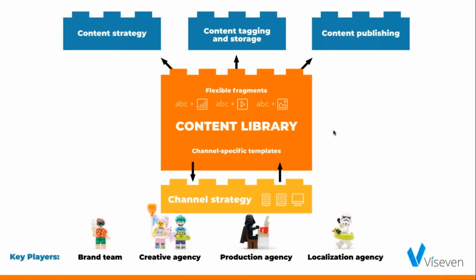Of course, the organization of the content within a digital asset management system requires time and effort. So we need to build a sitemap to identify the correct relationship between the content and organize this library in a proper way.